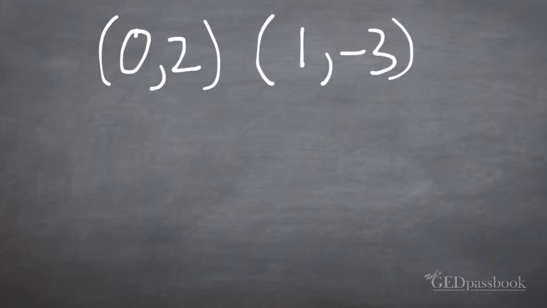Okay, so now we are going to find the linear equation of line Z. Line Z, my friends, passes through the following 2 points: (0, 2) and (1, -3). What is the linear equation of the following line?